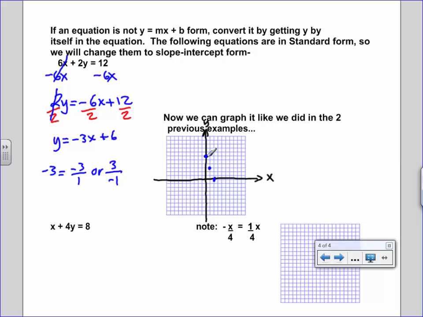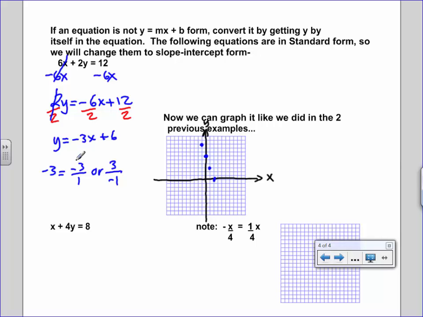So if I had started at this point and went up 3, left 1, which is what positive 3 over negative 1 means, it still falls on the same line. It's just a question of whether you want to work left to right or right to left. In most cases you want to work left to right, so I typically assign the negative to the top.